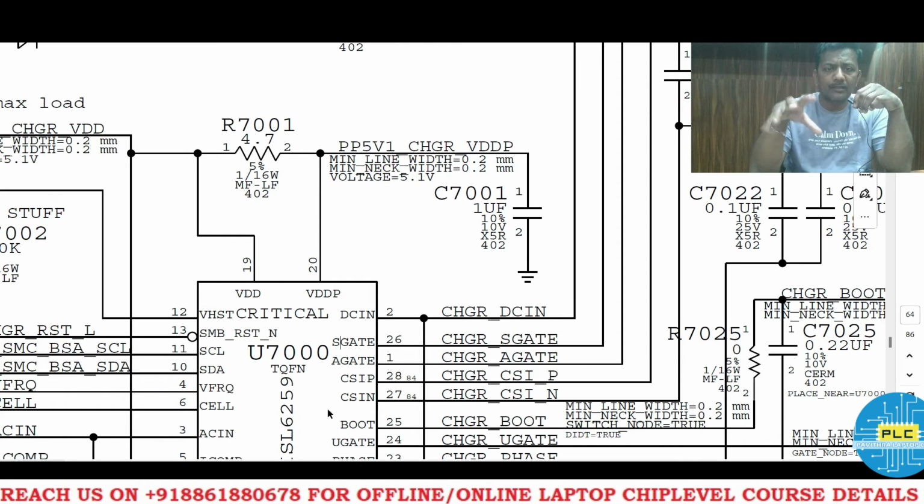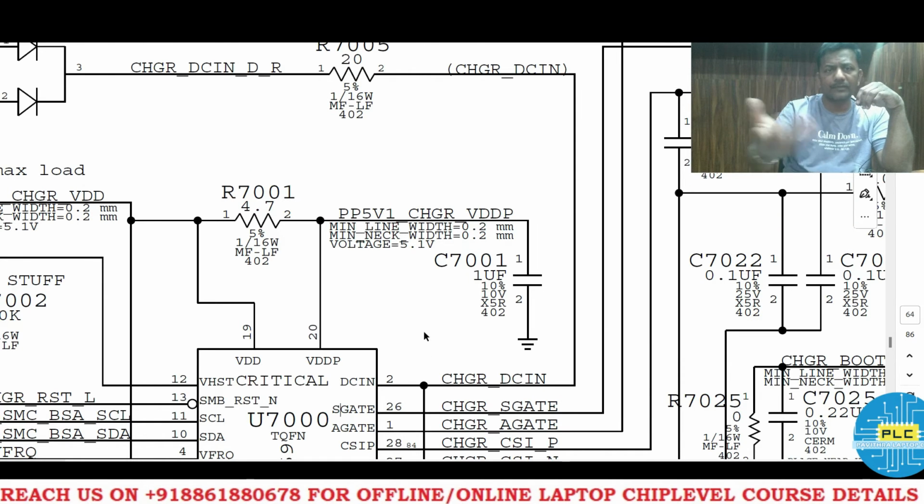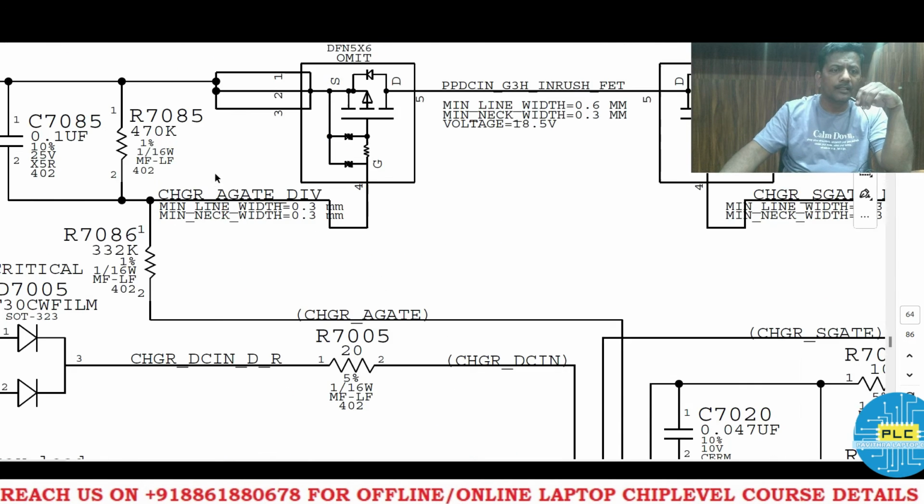Usually in Windows related schematics, we will see there will be a voltage divider. We are giving the V in source voltage from the adapter, right? So here the IC itself is generating. This is a little bit special IC. What is that? SL6259. Right? It's easy to understand. Even I also don't know. This is the first time I am seeing this.